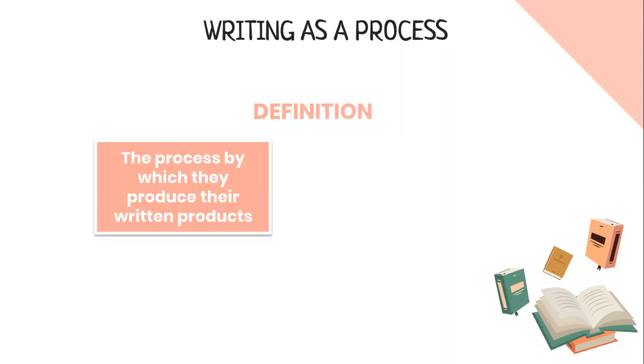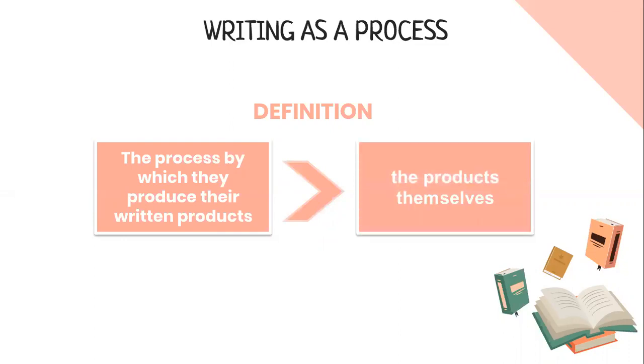Process writing is an approach to writing where language learners focus on the process by which they produce their writing products rather than on the products themselves. In the end, learners surely need to and are required to complete their products, yet the writing process itself is stretched more.